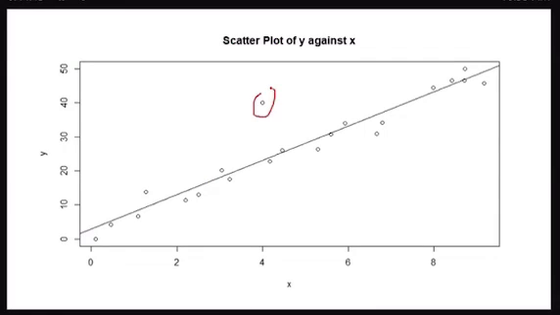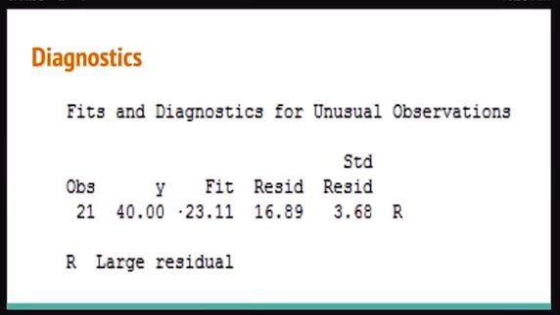Okay. Now let's do some diagnostics on this data. We want to see what is going to be the residual, what is going to be the standardized residual. Take a look at this. It identifies observation number 21, like I said. And for that very observation, the residual is very, very large compared to others.